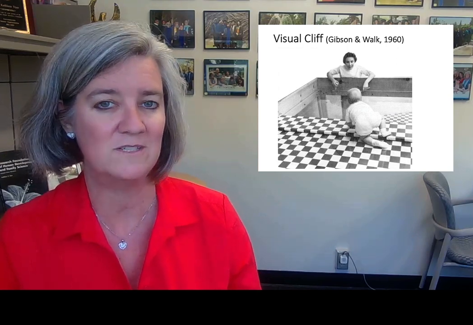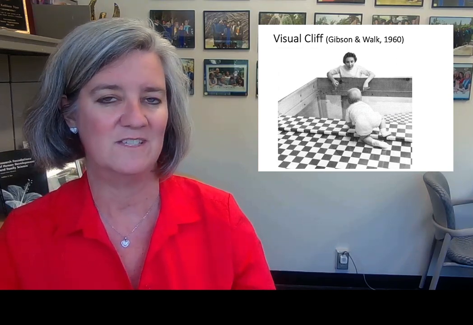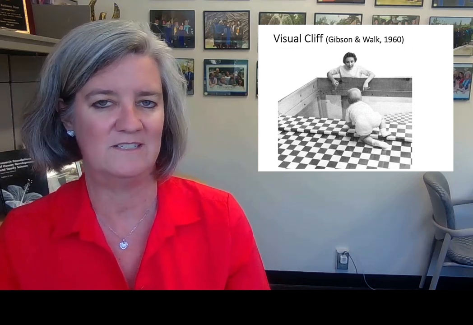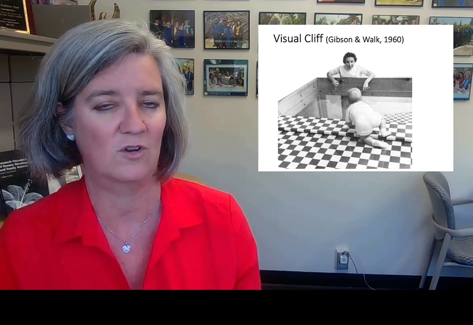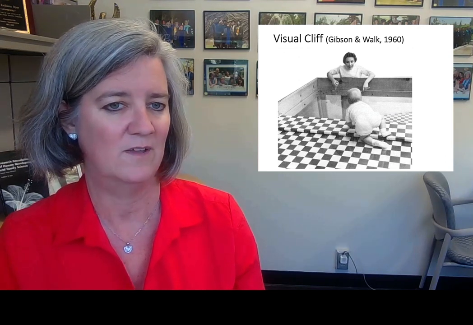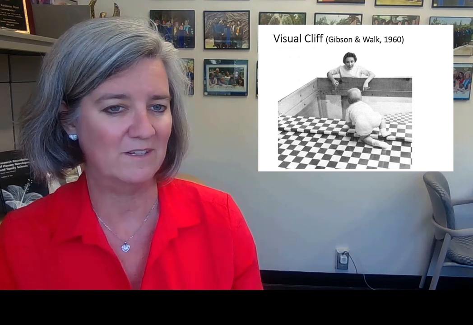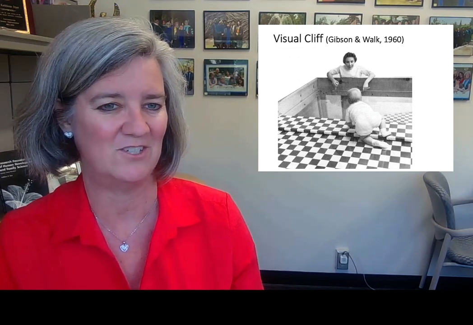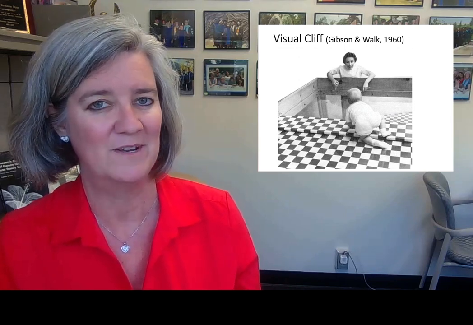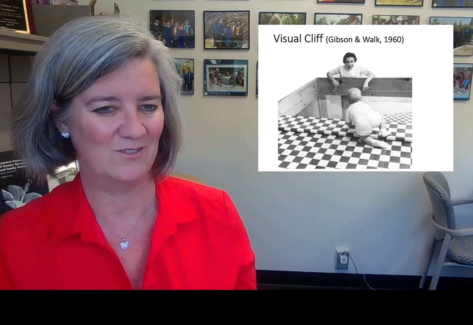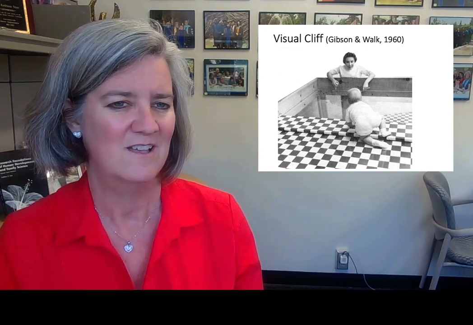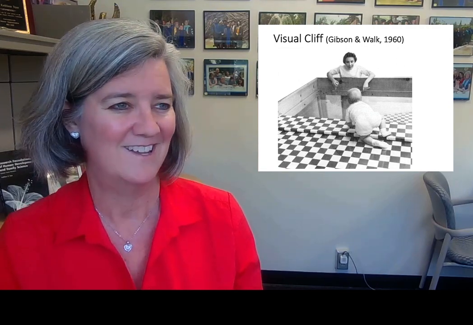Can a baby perceive that there is a drop-off there? And at what age do they learn it's not safe for them to continue to crawl or walk across that visual cliff? In this moment that's been captured in this picture, the mother is on one side encouraging the baby to come to her, and so she's forcing him to make a decision about what he thinks is safe or not.